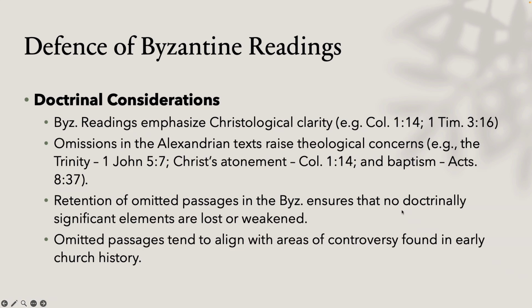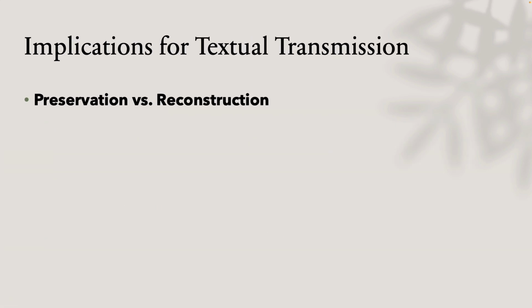Yeah. So that's the defense that we have of the Byzantine readings, some of the main ones. And then I just want to look at the differences in approach to the text. So there's preservation versus reconstruction.